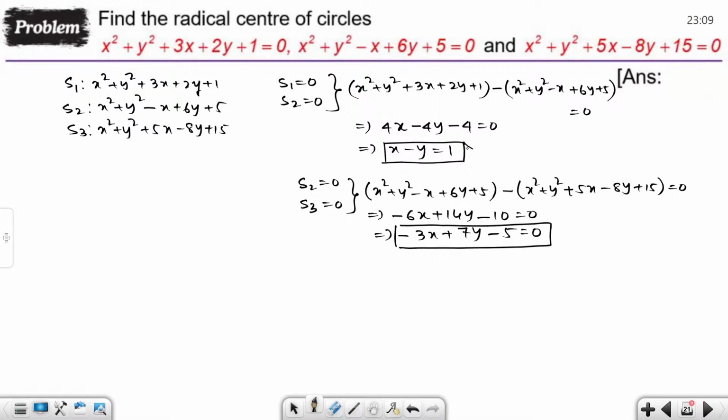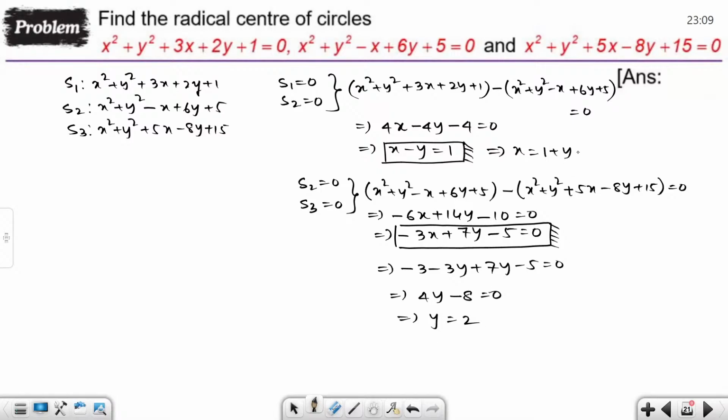So now if I solve these two radical axes, we are going to get the radical center. So let me just replace x by 1 plus y in this equation. We are getting, so we have y as 2.